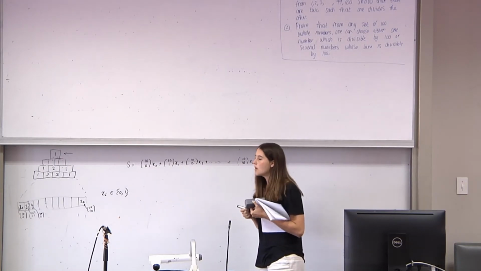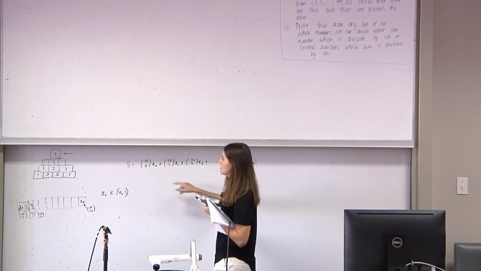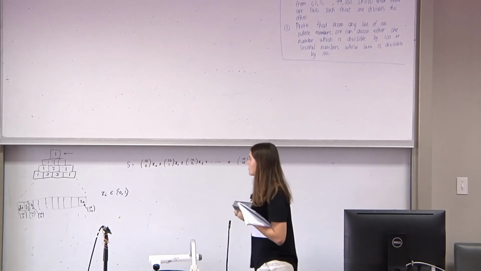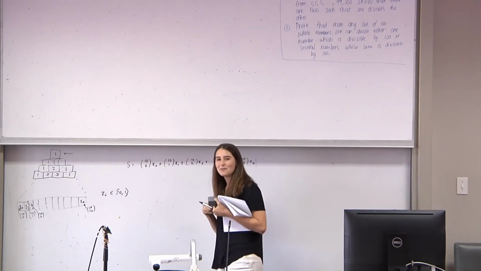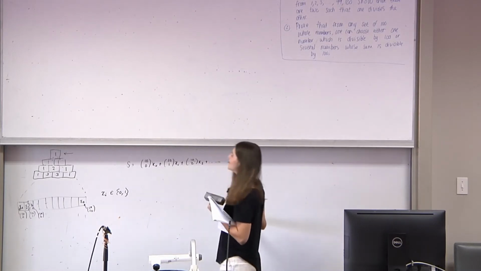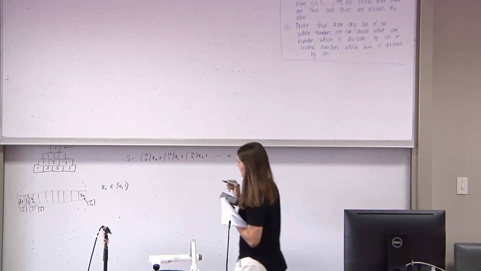Great. So our question is, for how many arrangements will this sum be divisible by 3? So we want to see when this is divisible by 3.